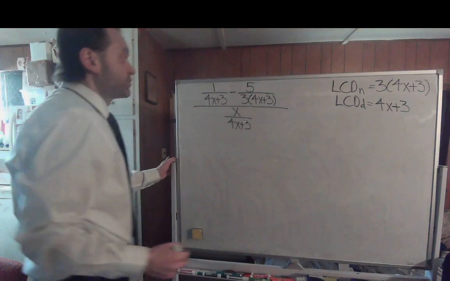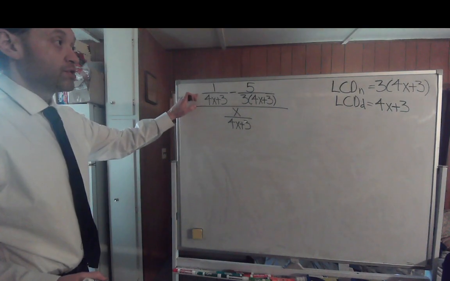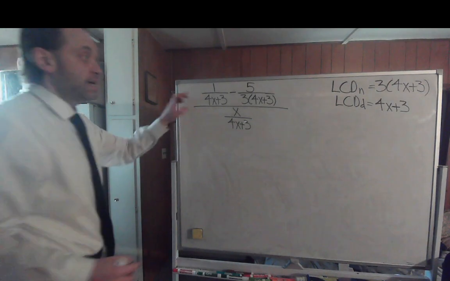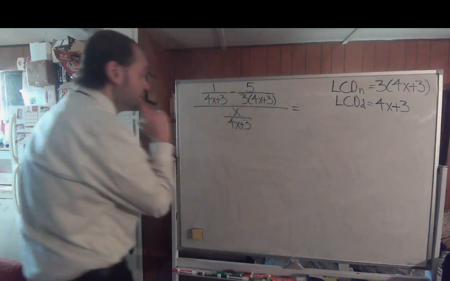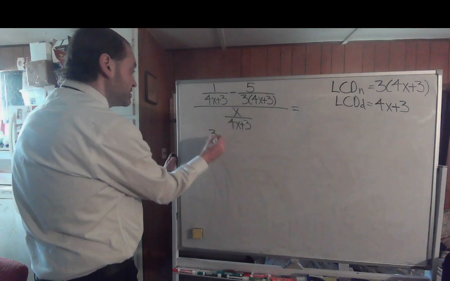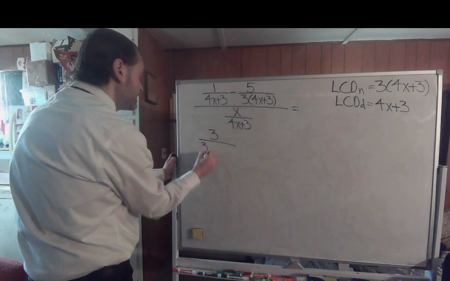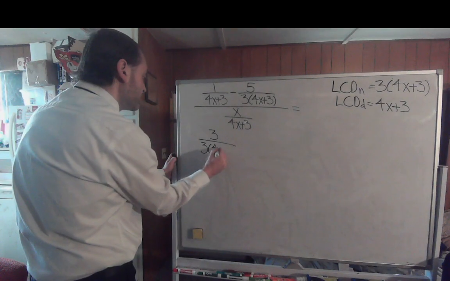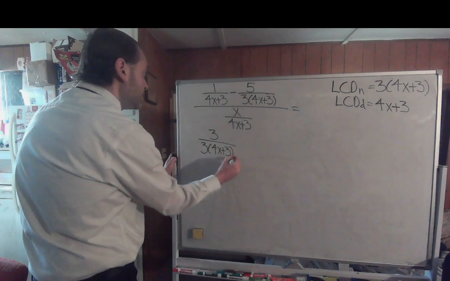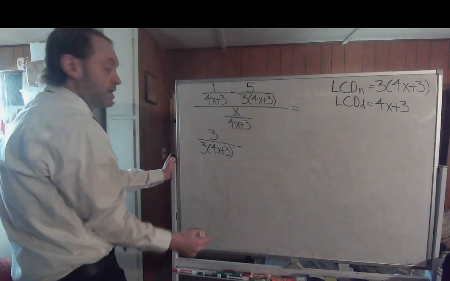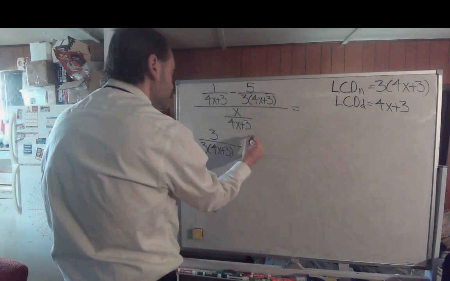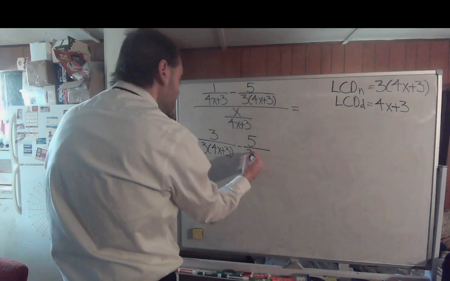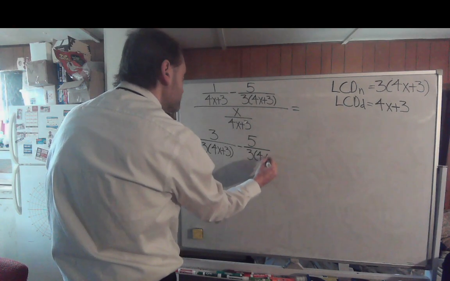So that means for your first term of the numerator, you got to multiply both numerator and denominator by 3. So that would end up turning into 3 over 3 times 4x plus 3. And then the second term already has a least common denominator, so that'd be 5 over 3 times 4x plus 3.